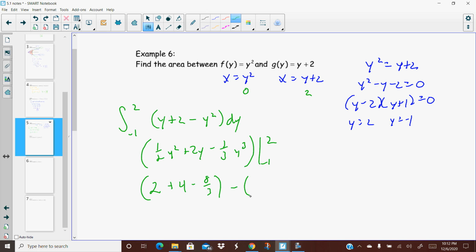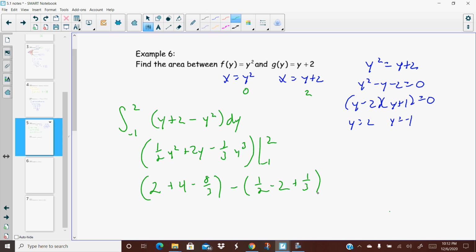Minus. Plugging in a negative 1. Negative 1 squared is 1, so half of that is 1/2. 2 times negative 1 is minus 2. Negative 1 cubed is negative 1 times the negative 1/3 is positive 1/3.